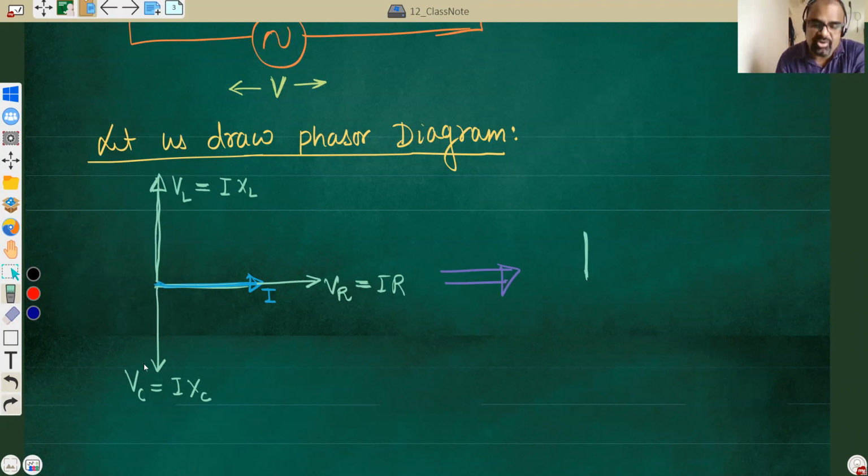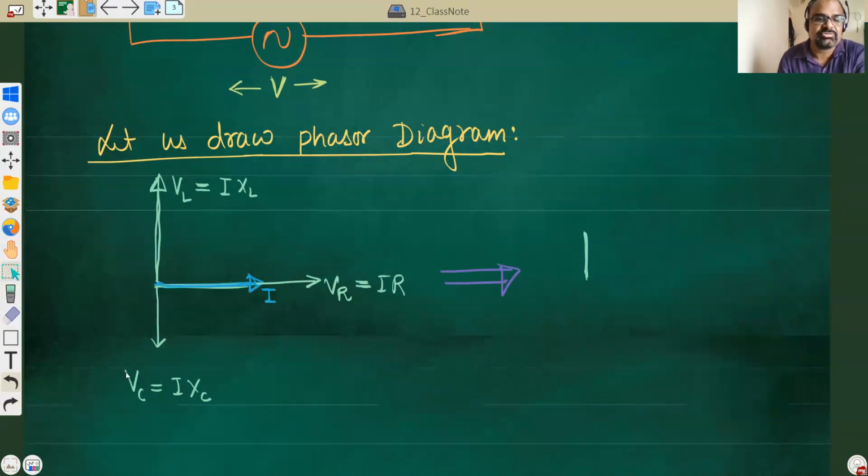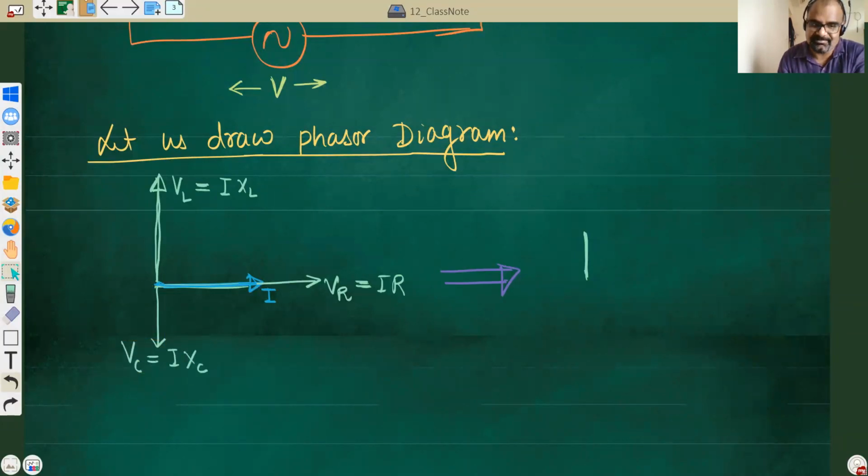I have deliberately drawn it. In fact, I will make it even shorter so that there is no chance of confusion. Clear? So as you can see, this phasor is greater than this, the length is greater. So when we add these two, the result will be upward only.